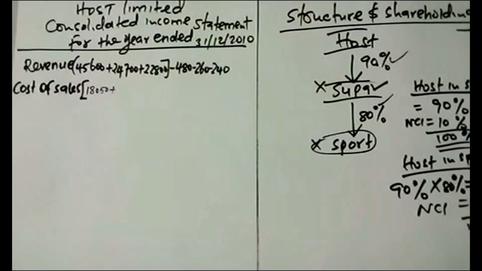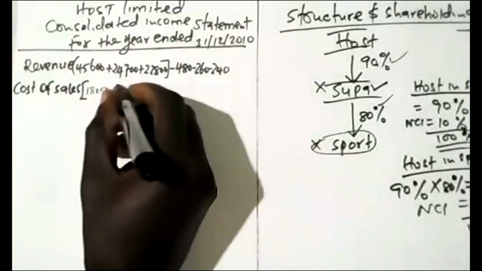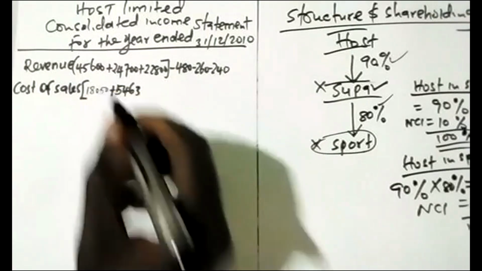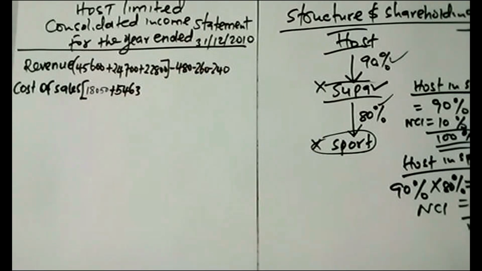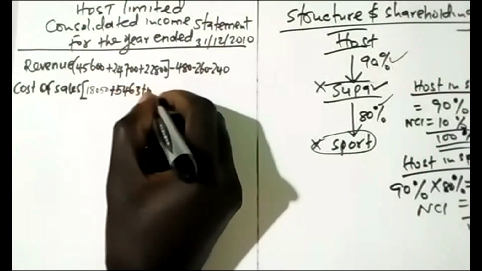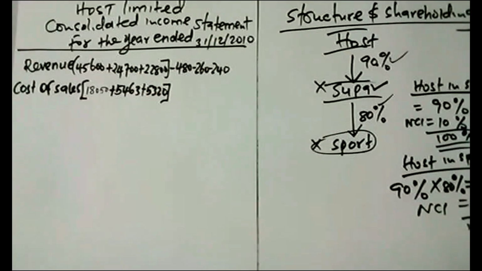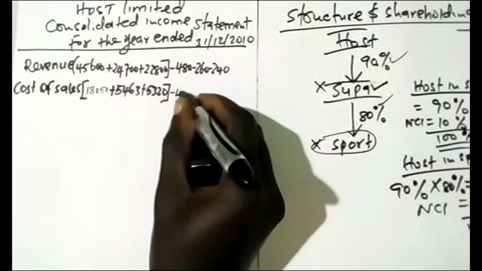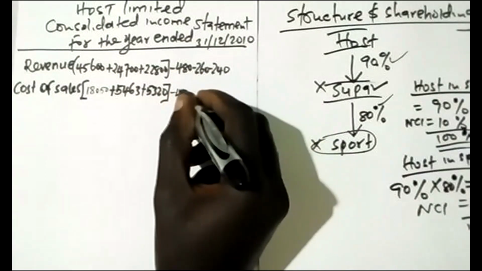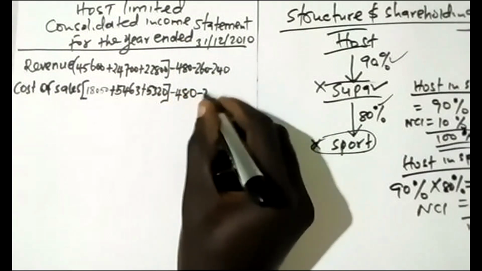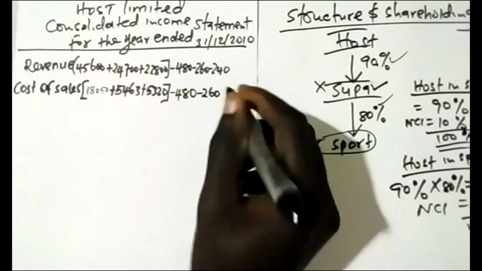You add 54,63. And then after that, we add 53,20. Then what you do here, you subtract the same intergroup sales: the 480, the 260, and the 240.